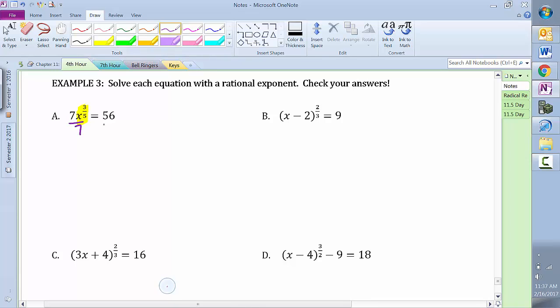So in order to get rid of the 7, I have to divide. So I get x to the 3/5 power equals what number? 8. Now, that looks confusing. We actually did do this, but we'll go more into depth about it now.